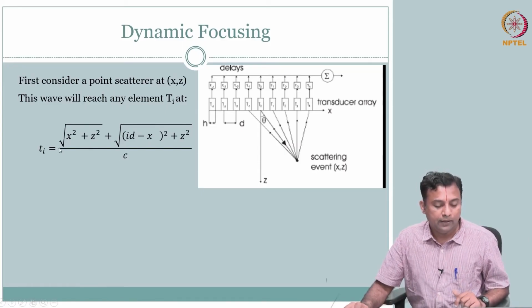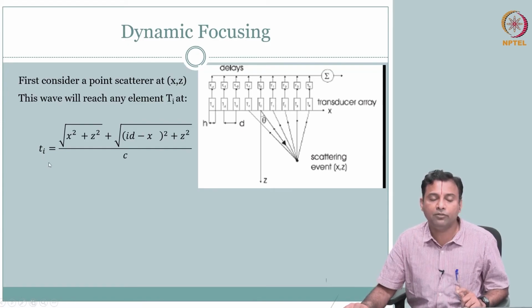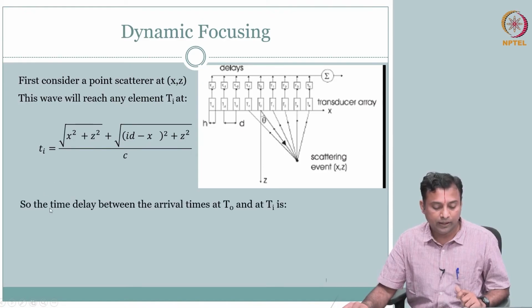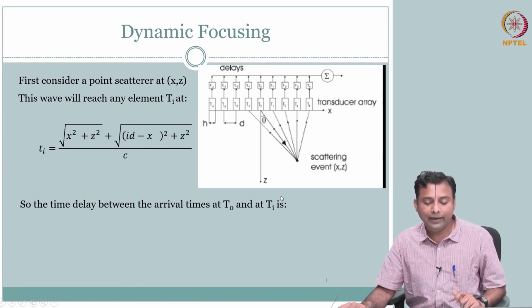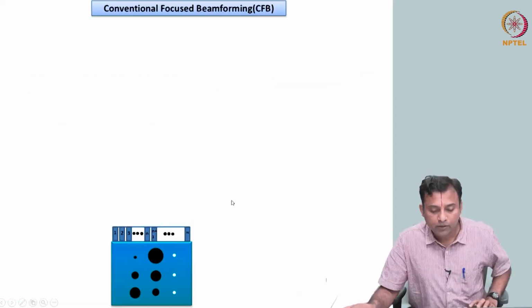The same two components are there, right. So, I know my time of arrival. What is of interest? Time delay is of interest, right. So, I can get the time delay between the arrivals at T0 and at Ti, any location.